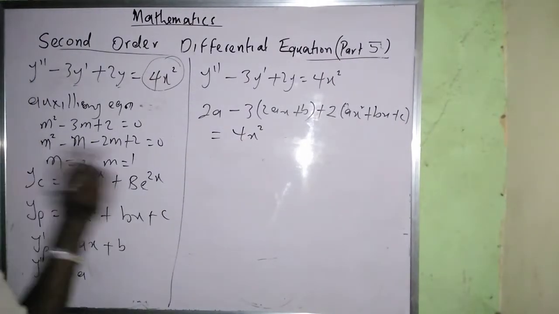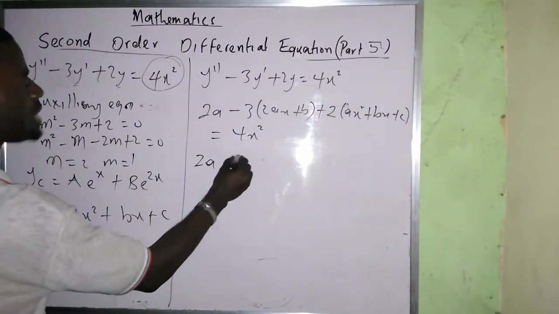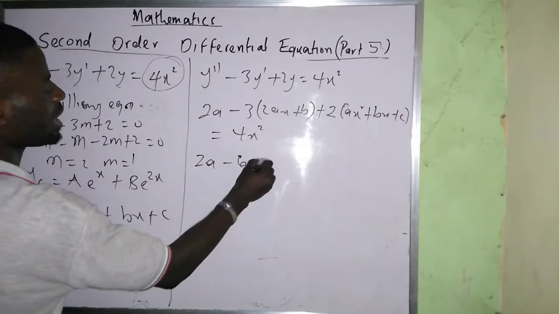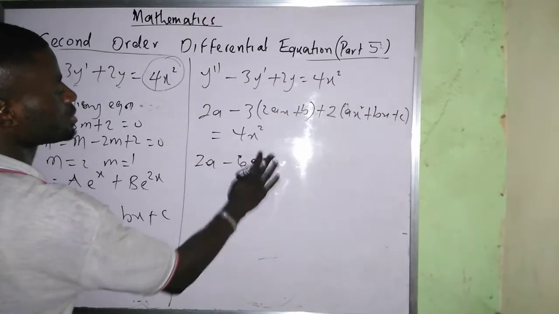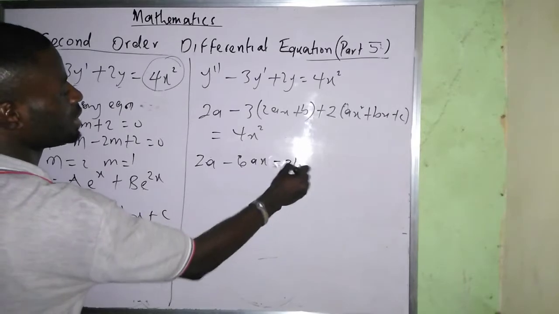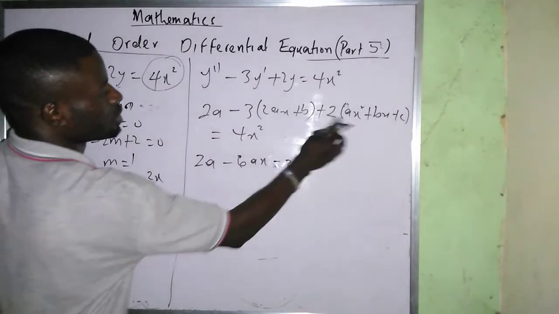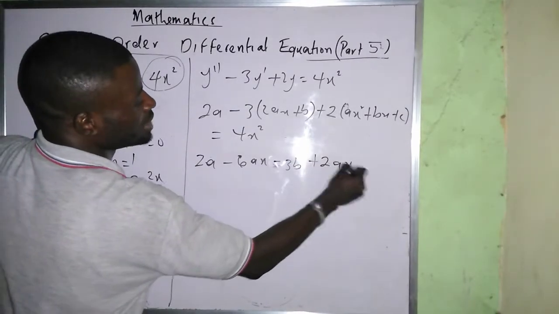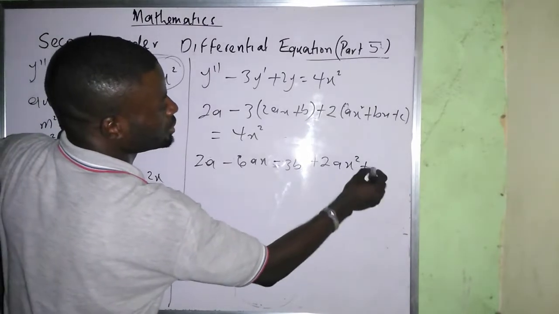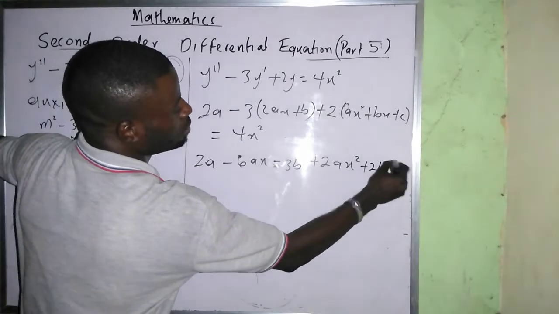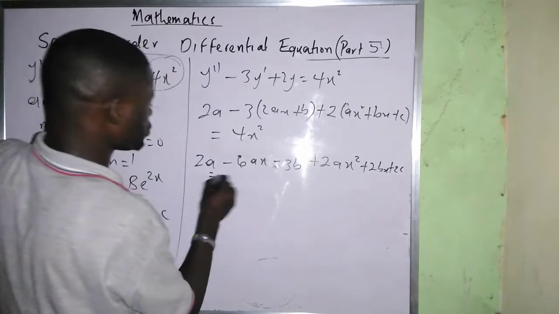Now I can open my brackets, which gives 6ax minus 3b plus 2ax squared plus 2bx plus 2c equals 4x squared.